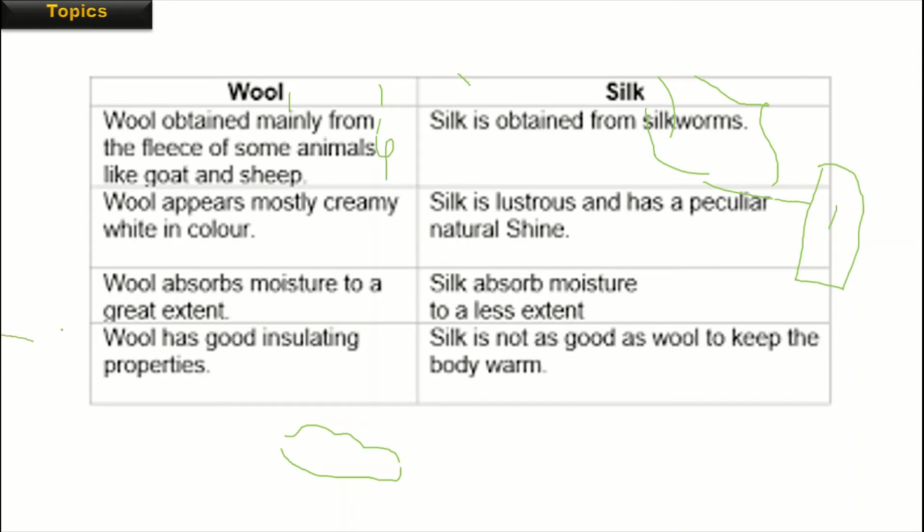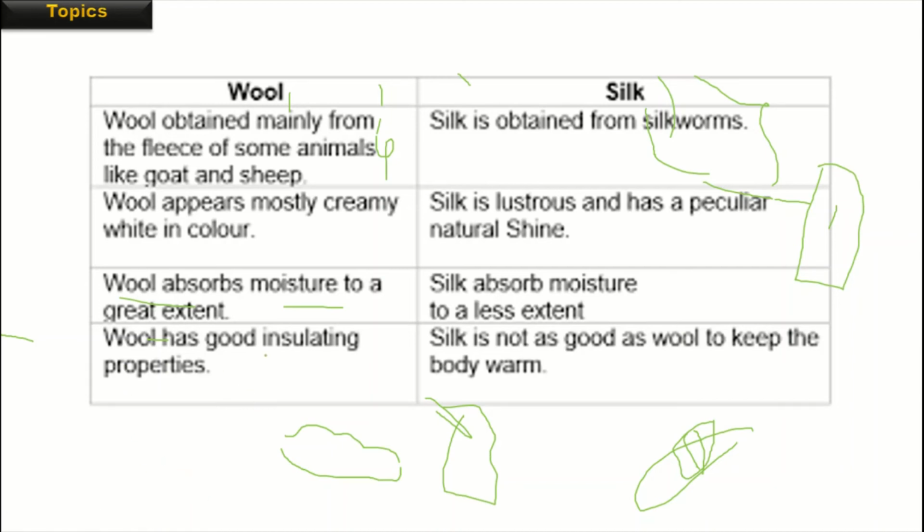Wool absorbs moisture to a great extent. When we sweat, wool absorbs the moisture, but silk absorbs moisture to a very less extent. Wool has good insulating properties.